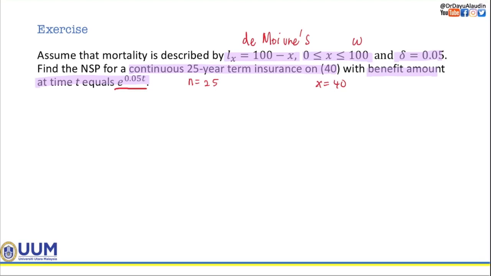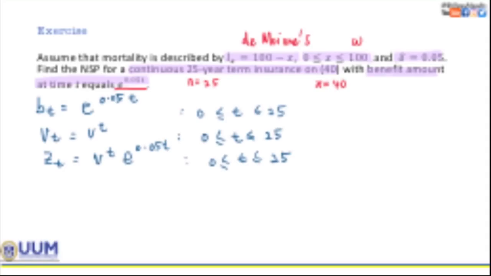It is De Moivre's law, since lx is equal to 100 minus x and omega is 100, and it is a 25-year term insurance. So n is equal to 25 on insured age 40, so x is equal to 40.